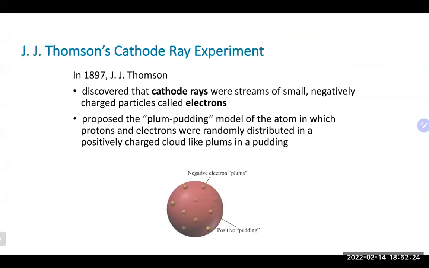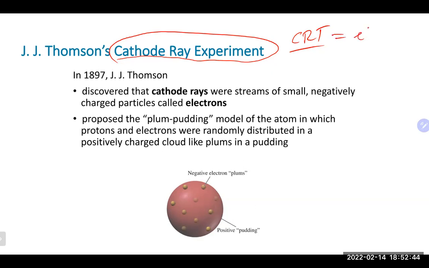So the first really big understanding of the atom was with the invention of the cathode ray tube, sometimes referred to as a CRT tube. It was used a lot to explore electrons. It was very big in the understanding of electrons.